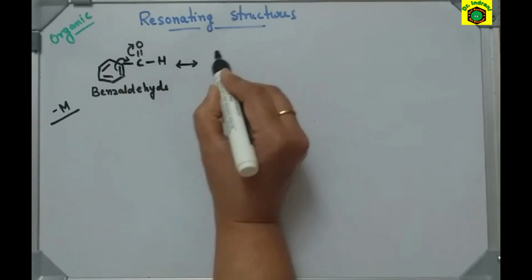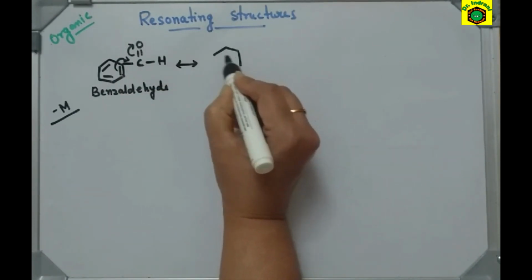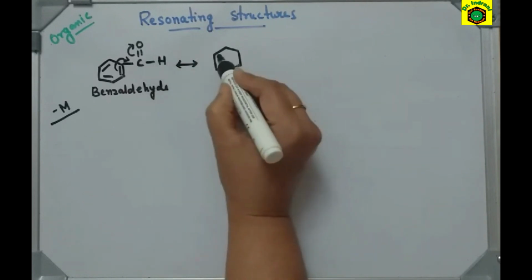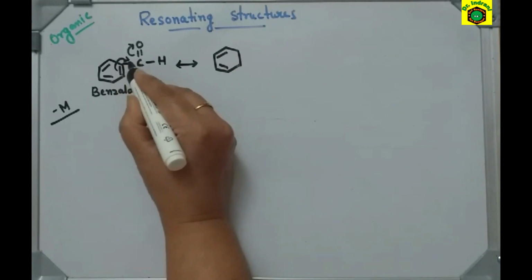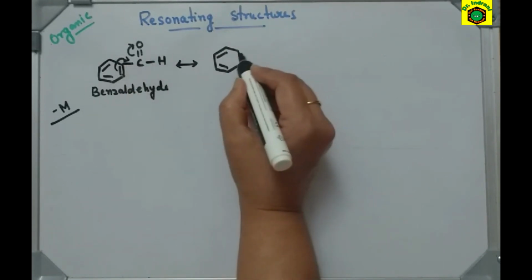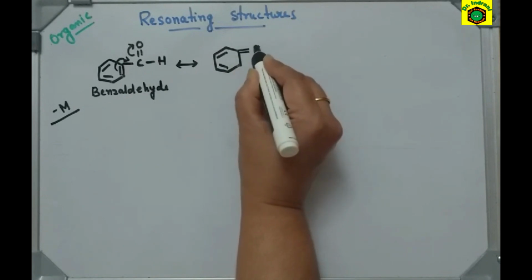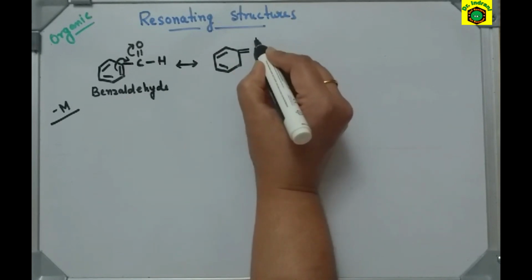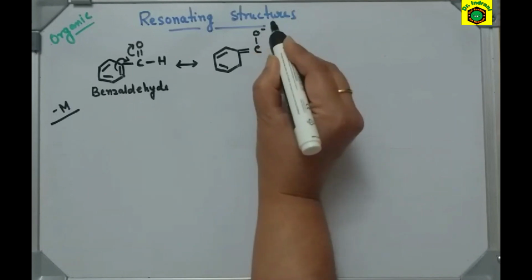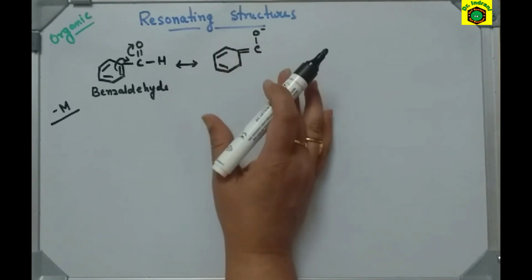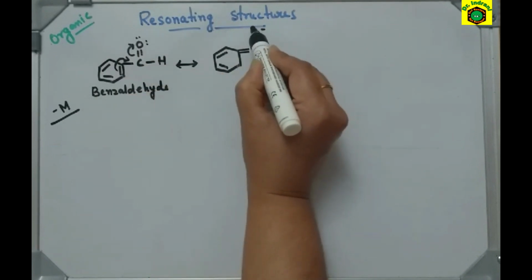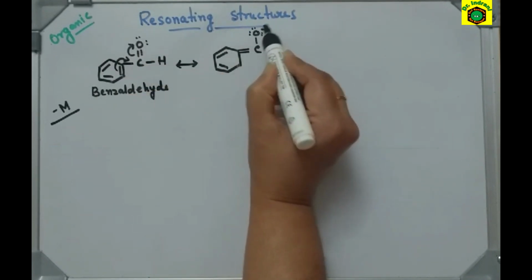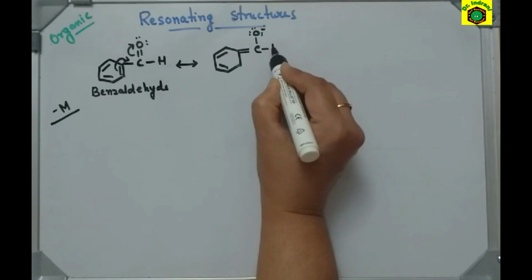Next structure. This part as it is, here the double bond will be transferred here. Okay, so here double bond, carbon, O minus. I am not showing lone pairs here; you can show them, or you can show like this. Here hydrogen.